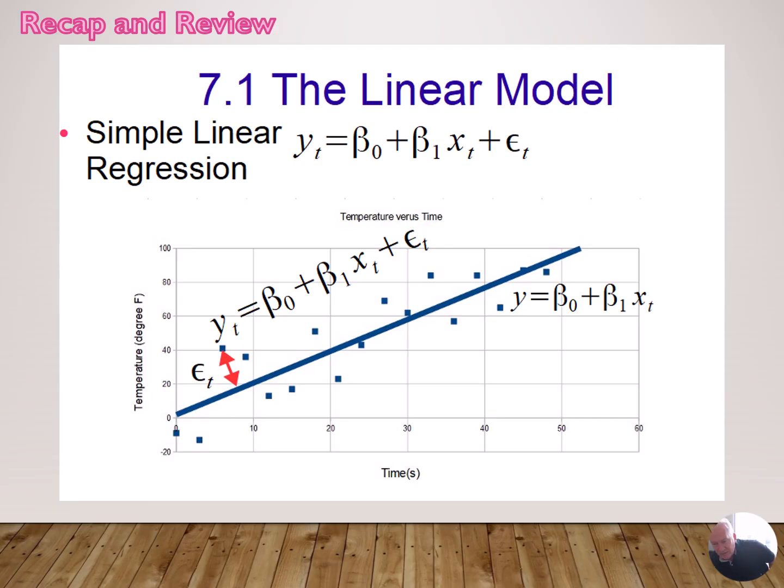In this case, our predicted value is equal to b naught, which is our y-intercept, plus b1, which is our slope, the coefficient of our independent variable, plus some residual epsilon. This epsilon is actually the distance from the actual data point to the line that we decided was the best fit to this data.